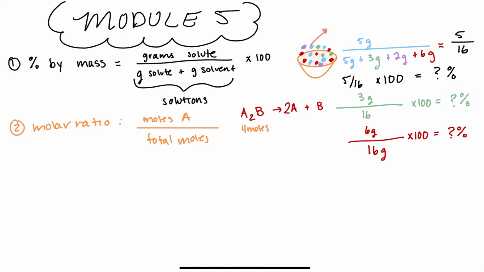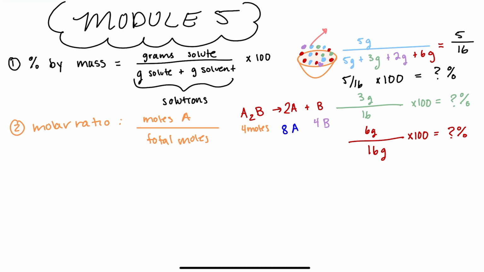So that means for every 1 mole of A2B, I form 2 moles of A, right? There's a ratio of 2 here. So if I have 4 moles of A2B, what's going to end up happening is I'm going to have 8 moles of A created, right? As opposed to B, I'll only have 4 moles of B created here, right?